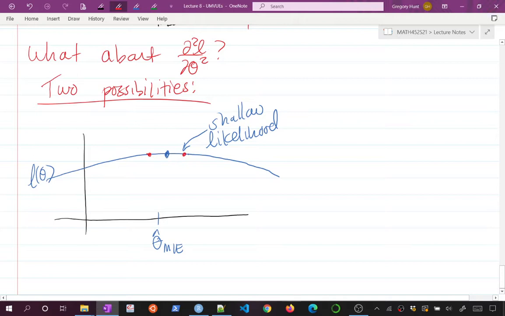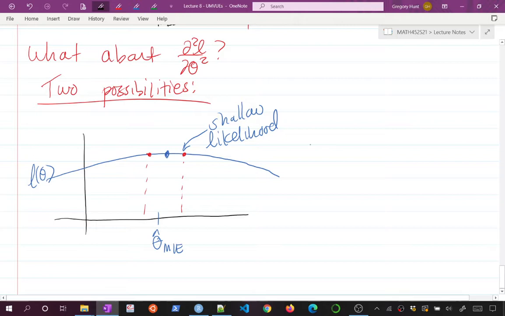Technically, it is slightly better to be at the MLE, but I could be off the MLE a little bit, and it actually wouldn't decrease my likelihood that much. And if the principle is we want to choose the most likely value for theta as our estimate, then it's not going to matter a lot if we're slightly off it one way or the other if we have a very shallow likelihood.